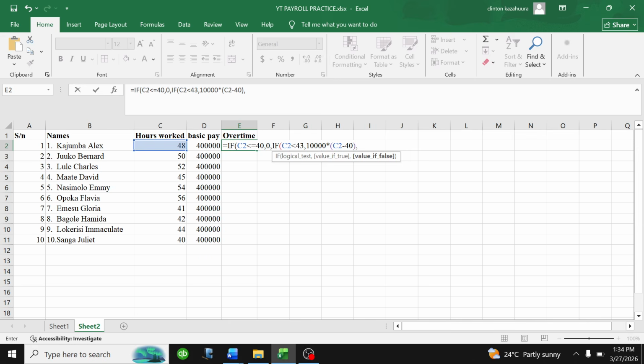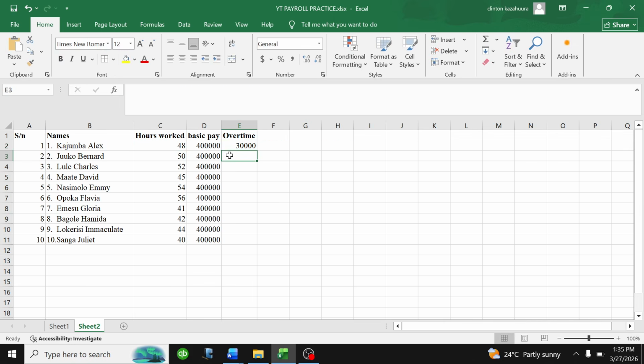So I'll say IF, I click in the hours, more than or equal to 43, then automatically those people are going to be paid 10,000 times, because they have hit the threshold, the excess hours being 3. So they are going to earn 10,000 times those 3 hours. So I put brackets, then I test and see whether my formula is correct. So let us see.